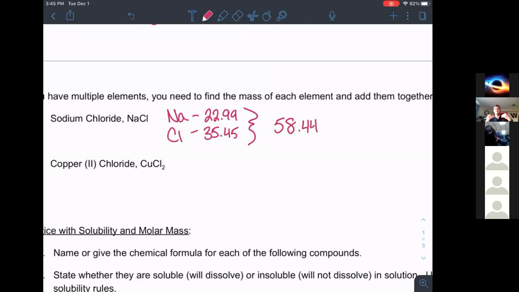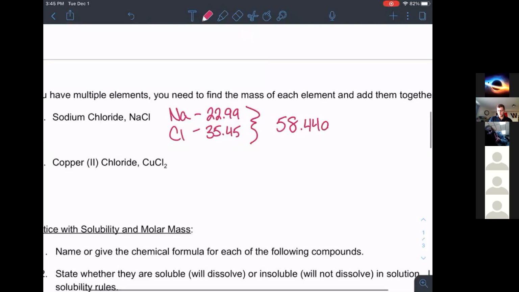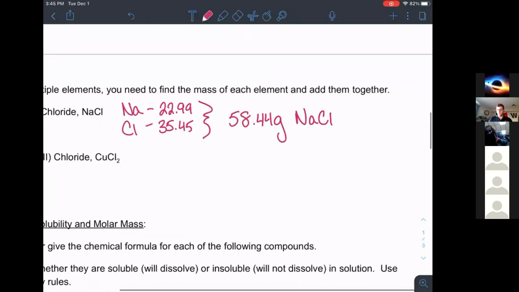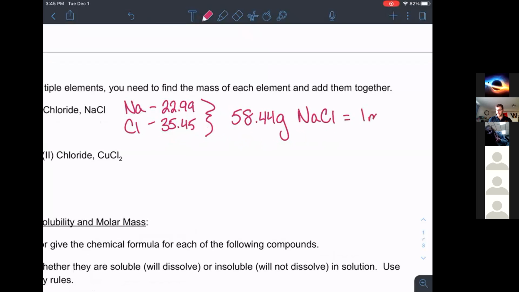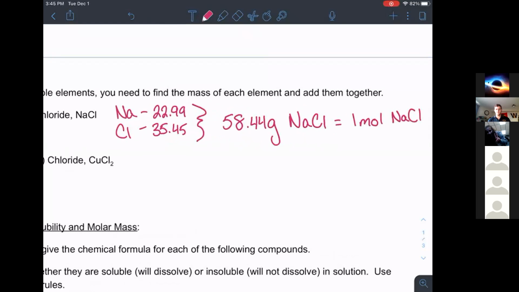And so that's going to be the grams of sodium chloride that equals 1 mole of sodium chloride. A shorter way of writing that is 58.44 grams per mole of sodium chloride, if you want to shorten your units.